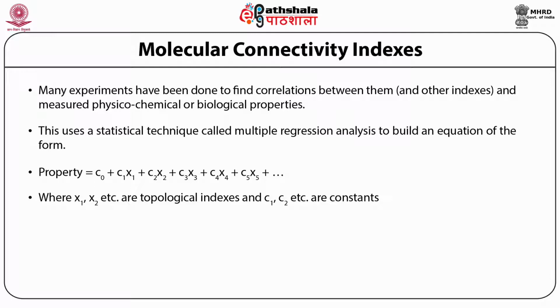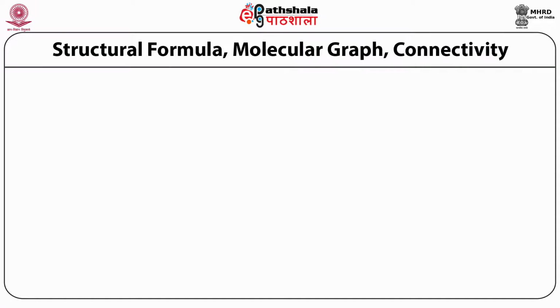Then you try to fit many structures having different properties, and that solution gives you the values of C0, C1, C2, C3, which I will elaborate more when we go to quantitative structure activity relationship. However, it has been found that many of the properties of physicochemical nature and even biological nature have a good correlation with several of the x1, x2, x3 descriptors or topological and connectivity indices.